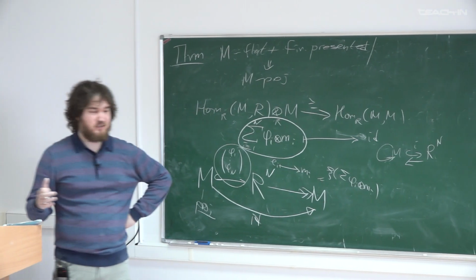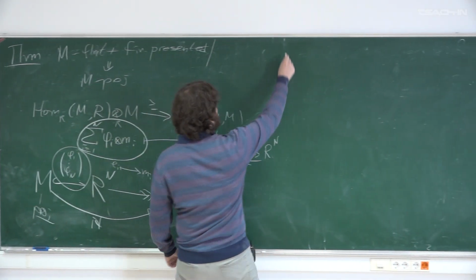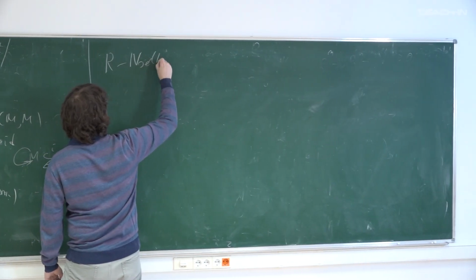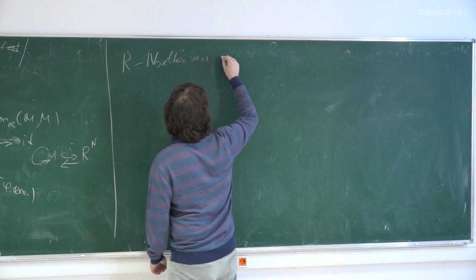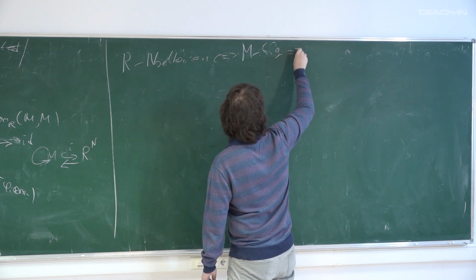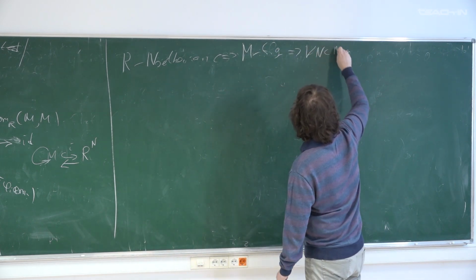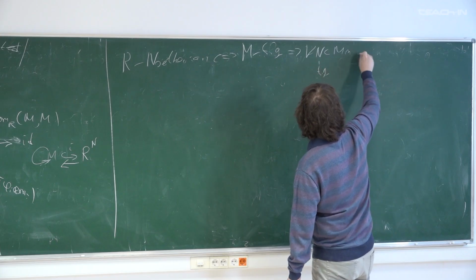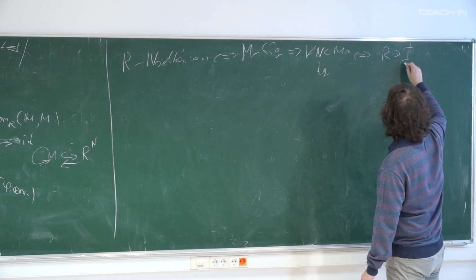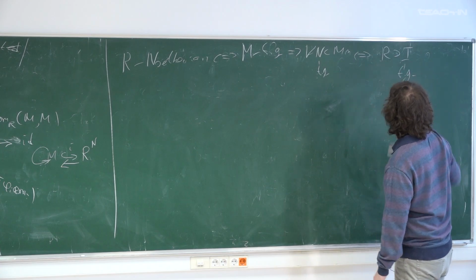It's not true in general, but for Noetherian rings: if R is Noetherian and M is finitely generated, then any submodule is also finitely generated. And it's equivalent to say that it's true for ideals. If we have an ideal in R, then it's finitely generated. Any ideal is finitely generated.